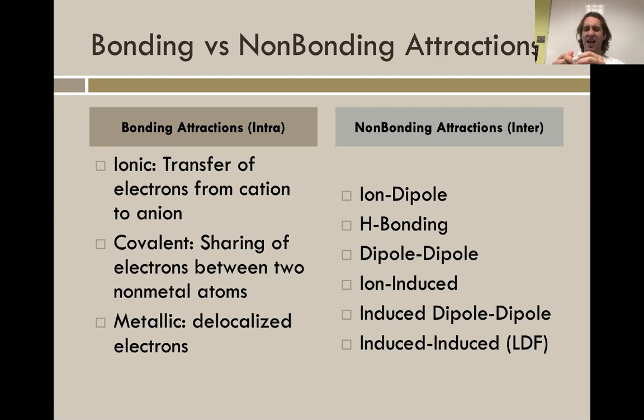I like to think about the linemen in the huddle, huddling around their quarterback. Then the positives all line up and pull the chloride away. This attraction is what we call an ion-dipole force, between an ion, an ionic substance, and a polar molecule.